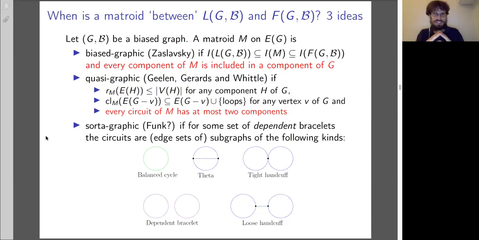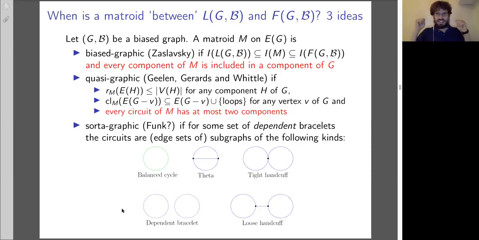So now I want to get back to these sortographic matroids and say something about those. They have a much smaller problem. Namely, we don't really know which bracelets or which collections of dependent bracelets we should take. So I could phrase this another way.